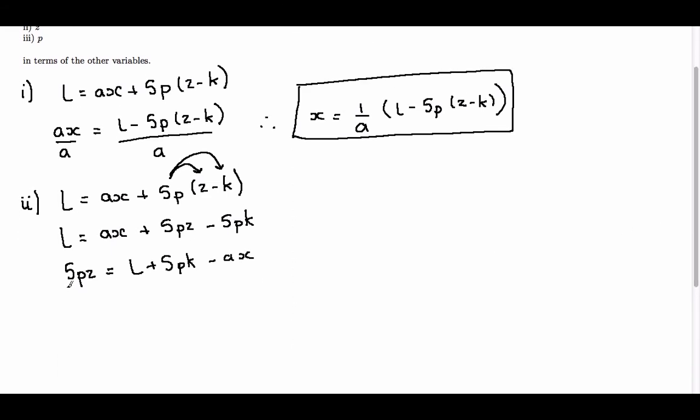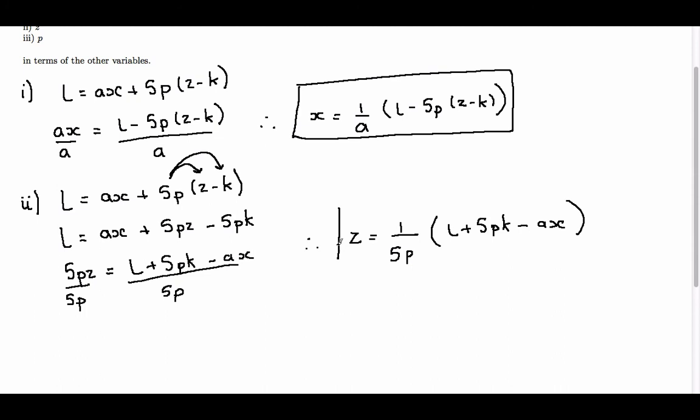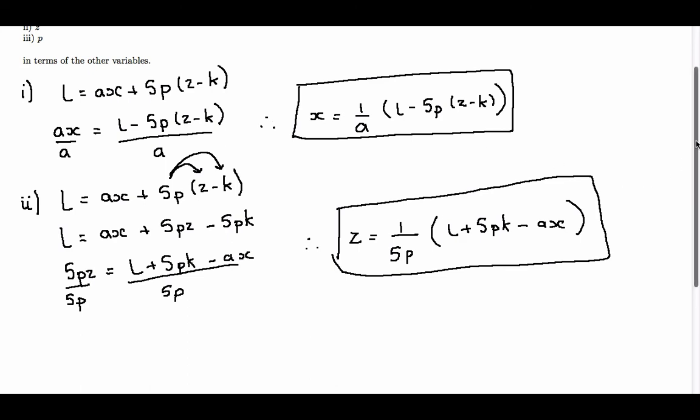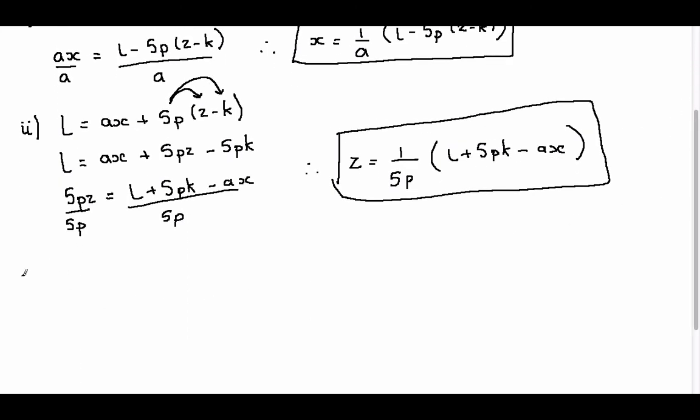Therefore, to get z on its own, I need to divide both sides by 5p. Therefore, I get that z is 1 over 5p lots of L plus 5pk minus AX. So that's my second rearrangement done.